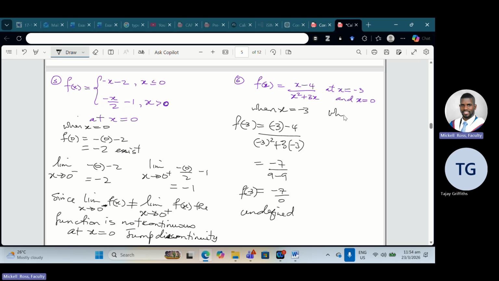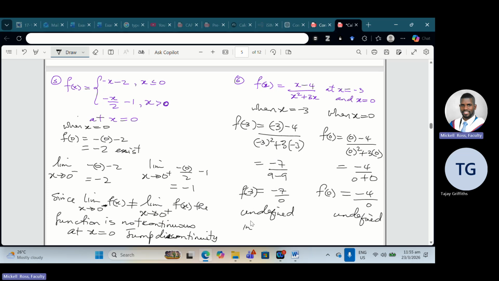And then when x is equal to 0, f of 0 is equal to 0 minus 4 over 0 squared plus 3 times 0, which is equal to negative 4 over 0 plus 0, which is equal to negative 4 over 0. So it is also undefined.